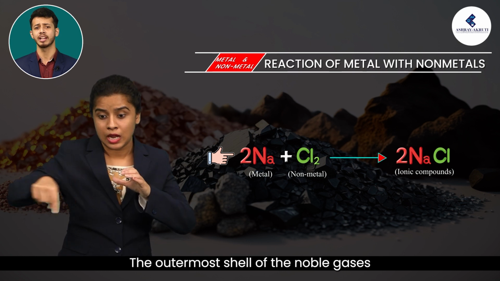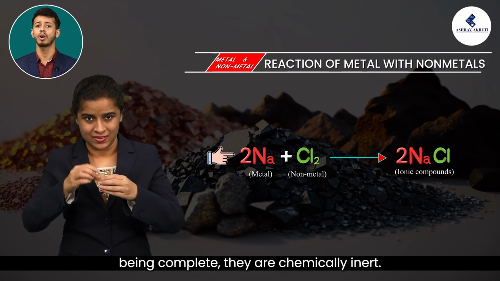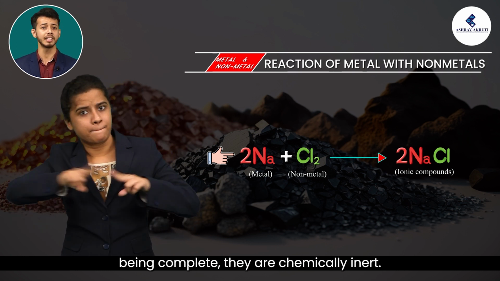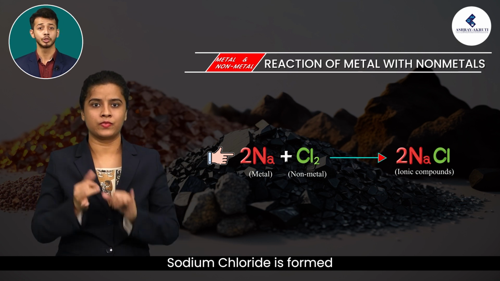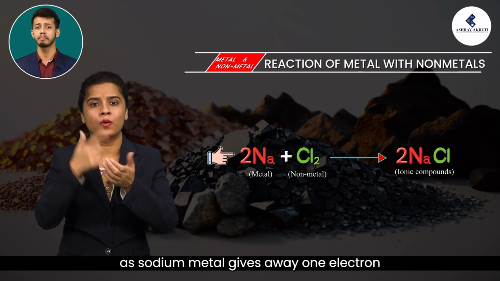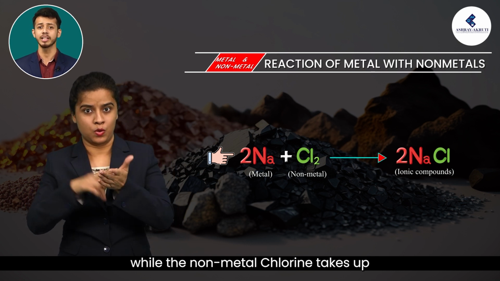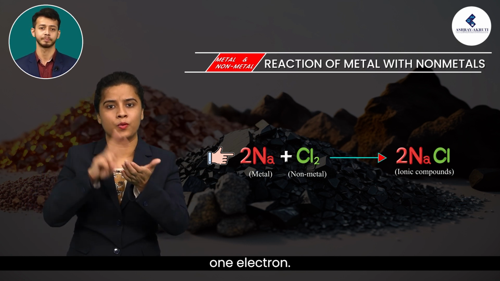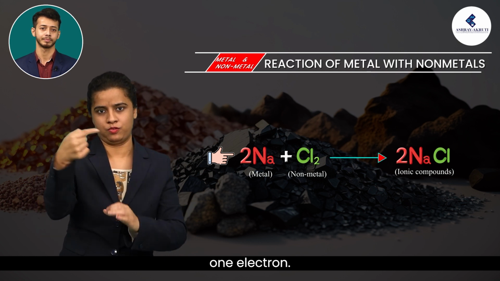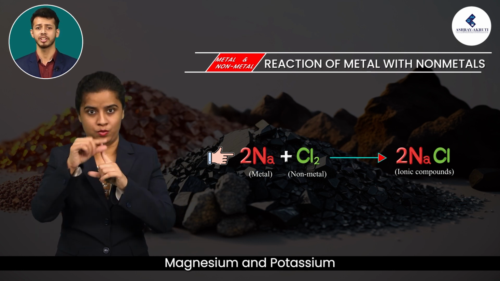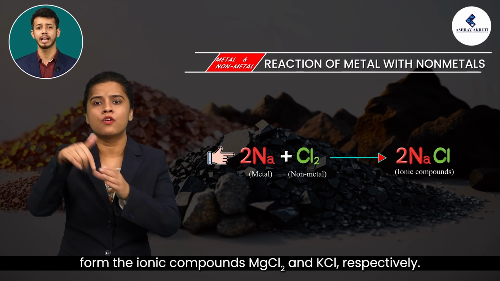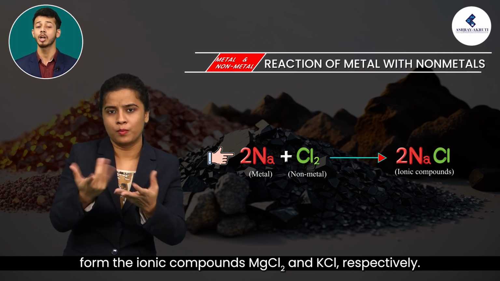The outermost shell of the noble gases being complete, they are chemically inert. Sodium chloride is formed as sodium metal gives away 1 electron, while the non-metal chlorine takes up 1 electron. Magnesium and potassium form the ionic compounds MgCl2 and KCl respectively.